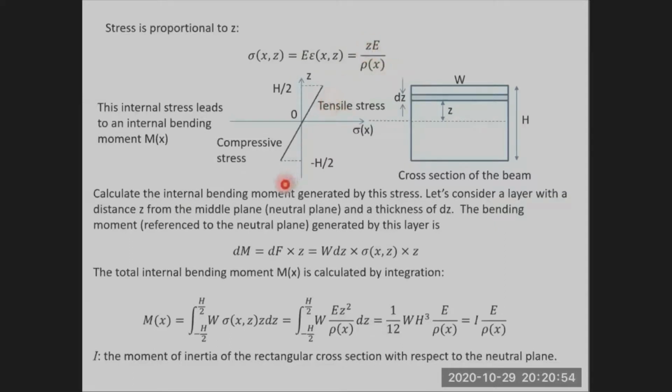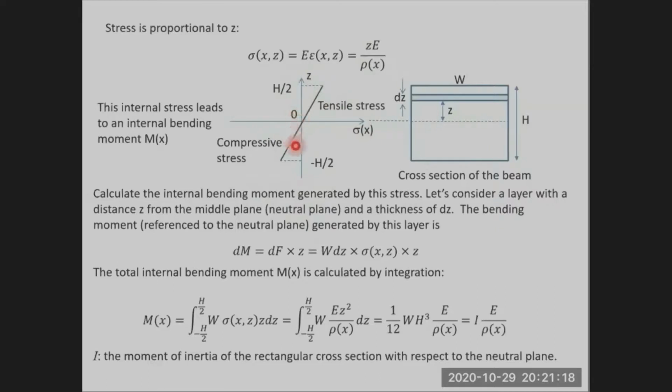And this figure plots the stress as a function of z, where z is the distance to the neutral plane. It's a linear curve, a linear function.